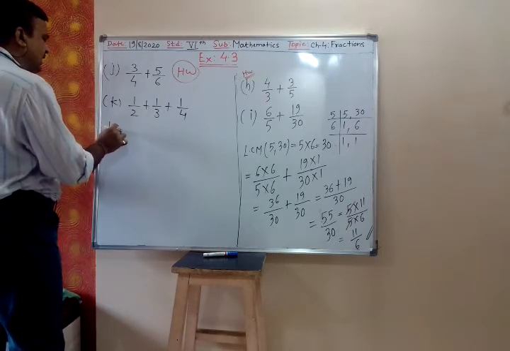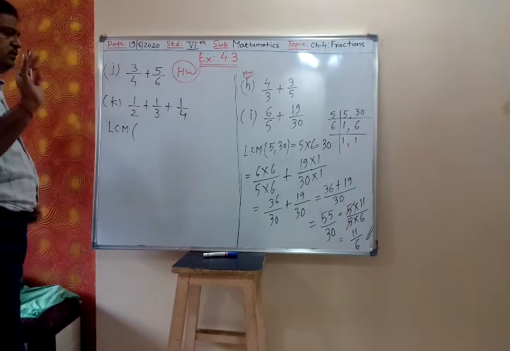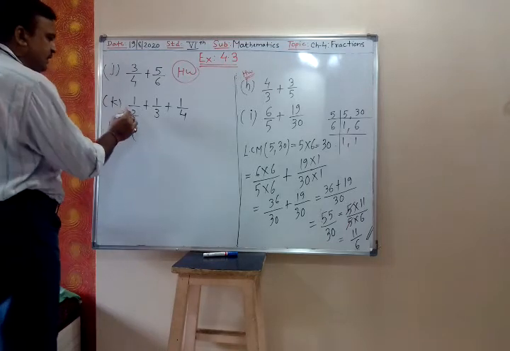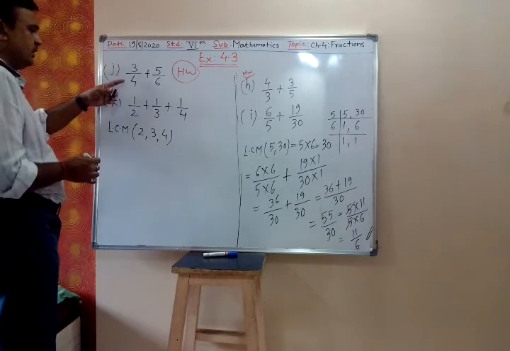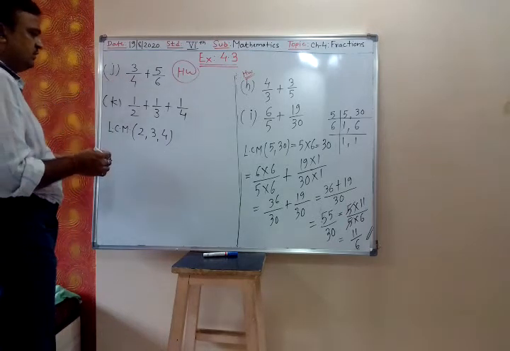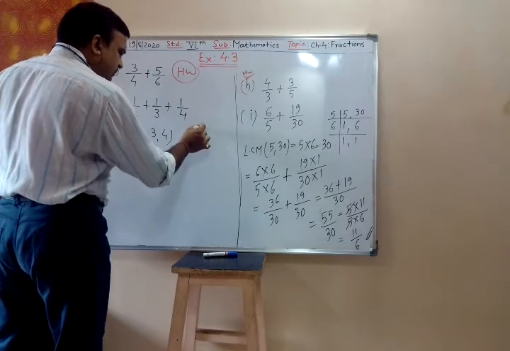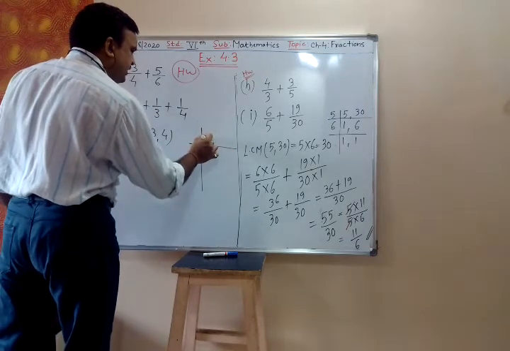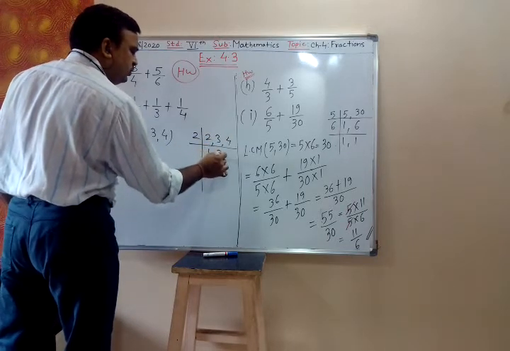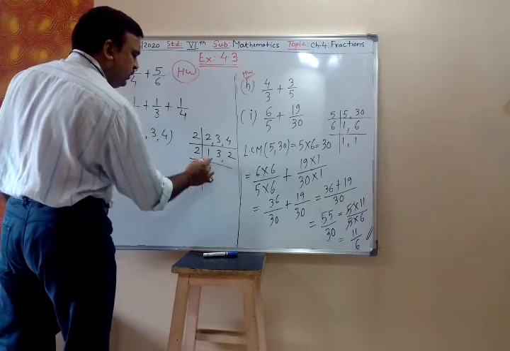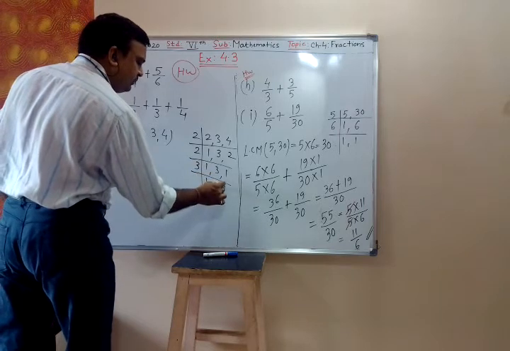Not 24. LCM of 3 numbers: 2, 3, 4. We'll see that by using the division method, we can cross check. 2, 3, 4. 2 ones are 2, 3, 2 twos are 4, then 2, 1, 3, 2 ones are 2, then 3, 1, 1, 1, you have to stop.